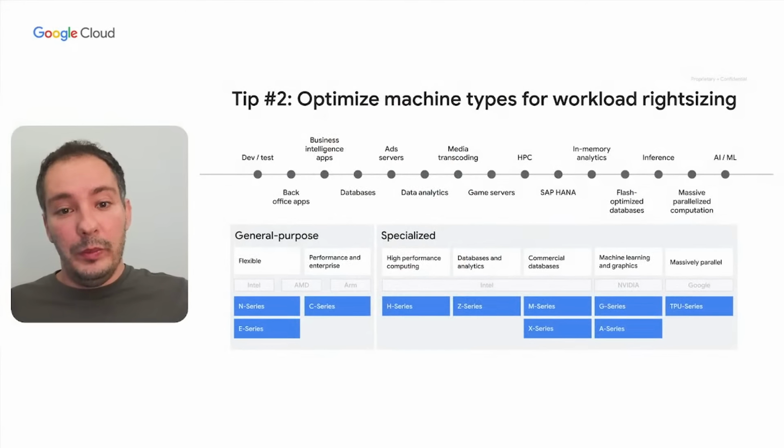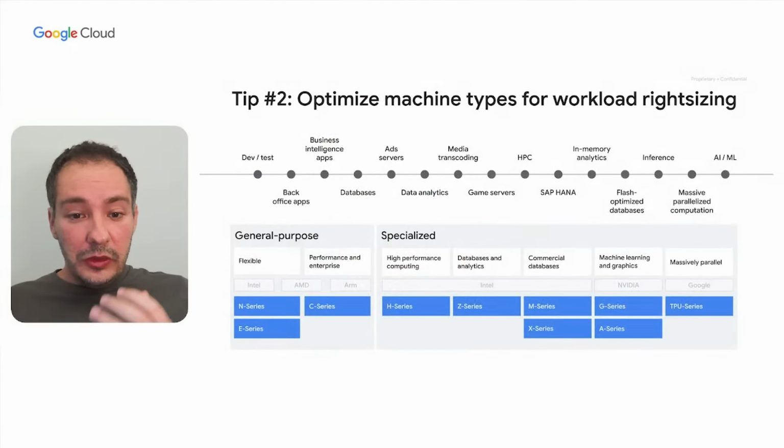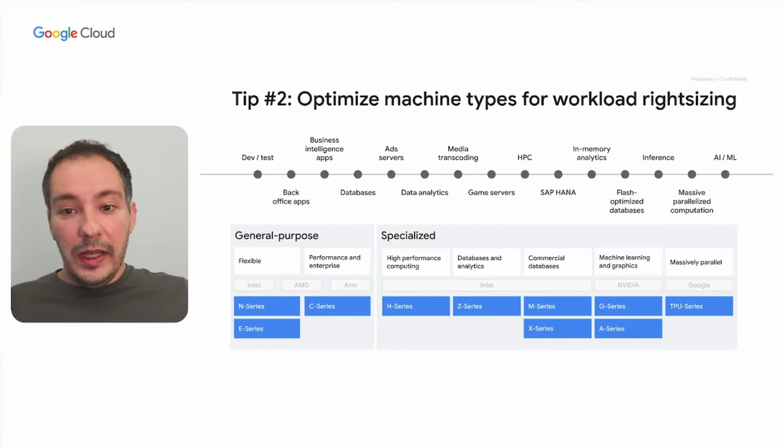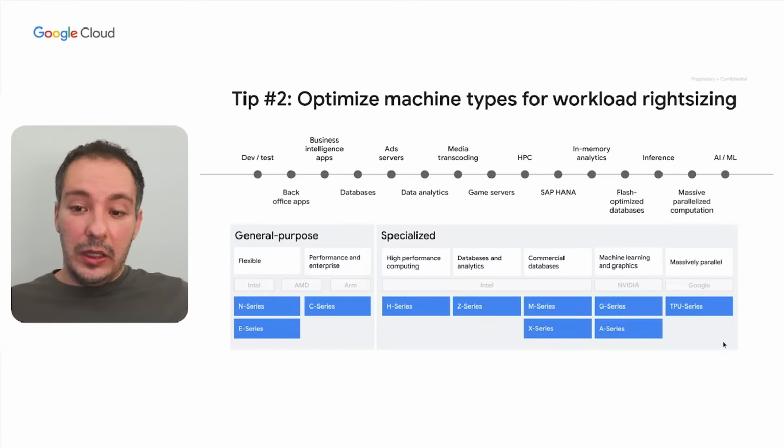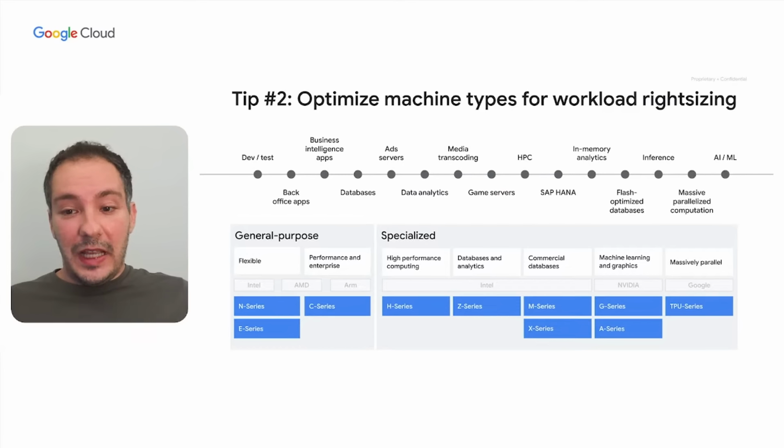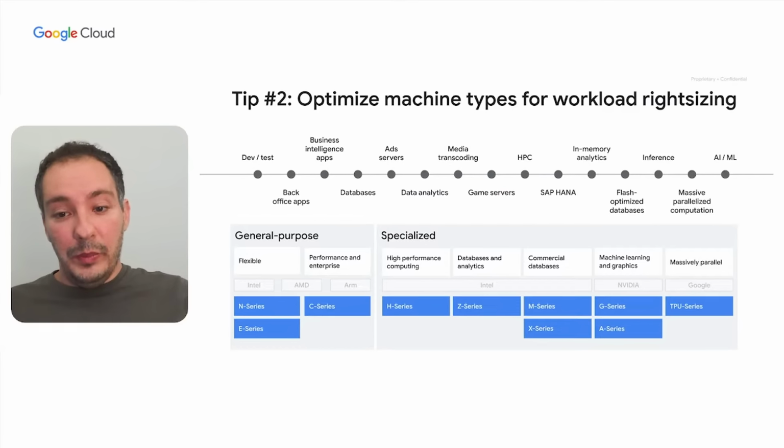The second tip here, guys, is that we have specific machine types for different kinds of workload when we're talking about compute. So you need to choose the correct type of machine. For example, if you have an AI/ML workload, you can use the TPU series, which are specialized in massively parallel compute.